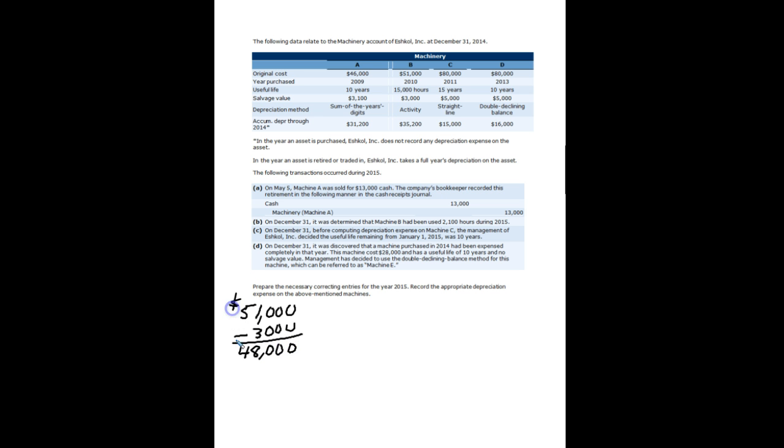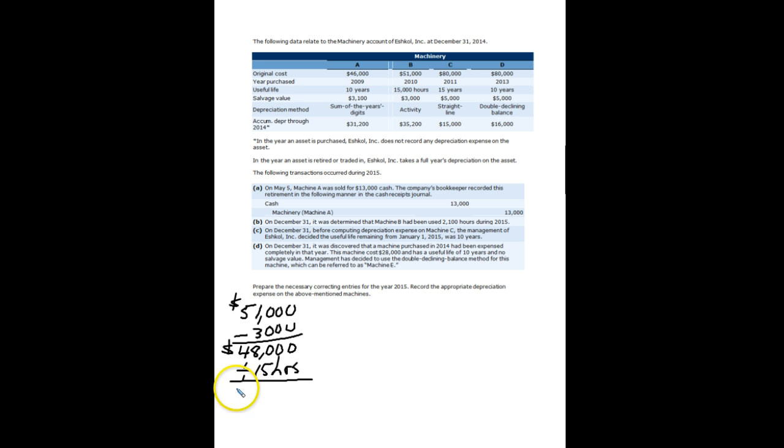And again, we're talking about dollars here of cost. So $48,000 we want to depreciate. And they tell us they anticipate this machine can produce whatever it is, 15,000 hours of something. So we're going to divide by how much it can produce. So we're going to divide by the number of hours. It could be units, whatever it is. In this case, it's hours, but whatever it could be units of something.